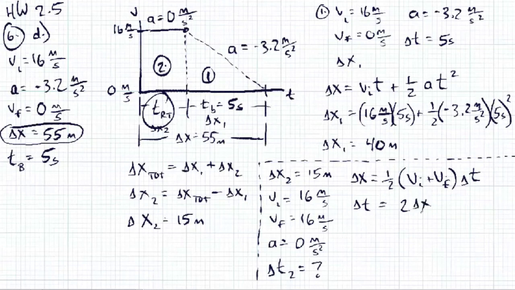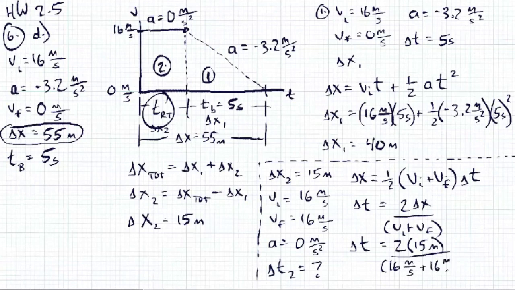So 2 times delta x over vi plus vf. I'm really running out of space here. Delta t is going to be 2 times 15 meters over 16 meters per second plus 16 meters per second.